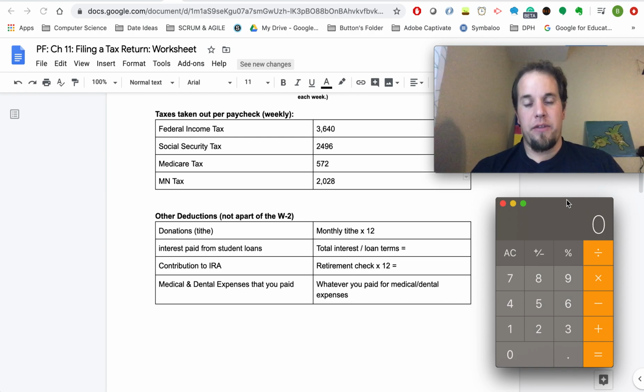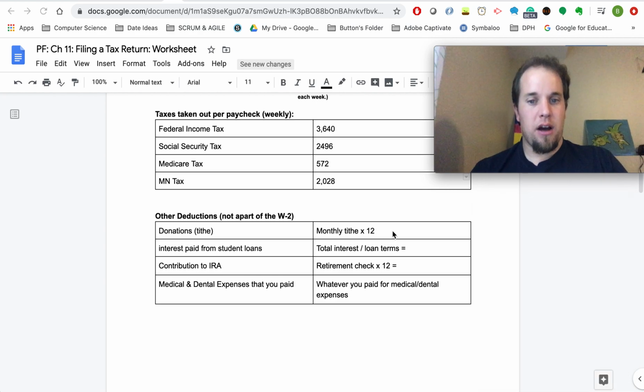So for the sake of the example, I'm going to use the $40,000 that I'm using for these other numbers, and going times 10%, so 0.1, $4,000. So $4,000 would be the total amount being put into charity.